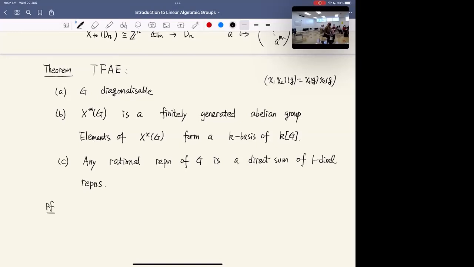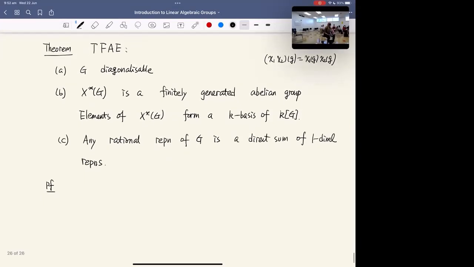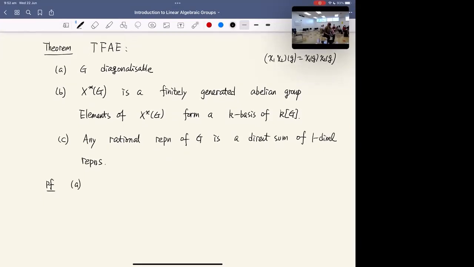I will not give the full proof again, but maybe we look at why A implies B.